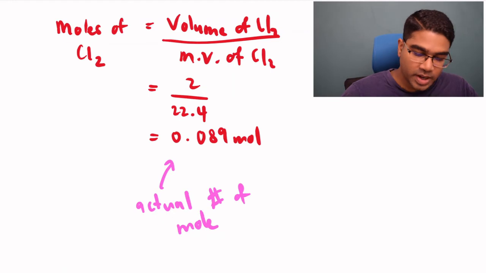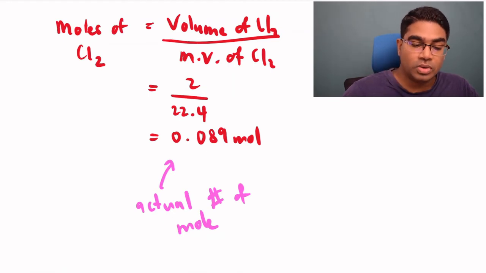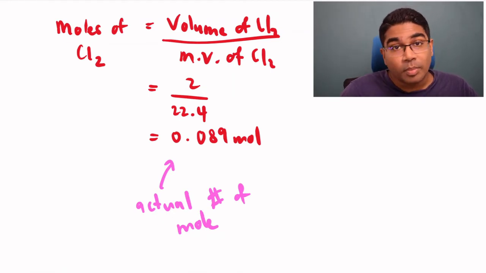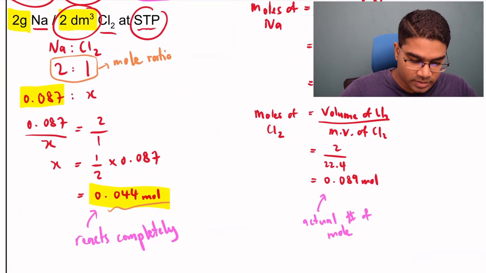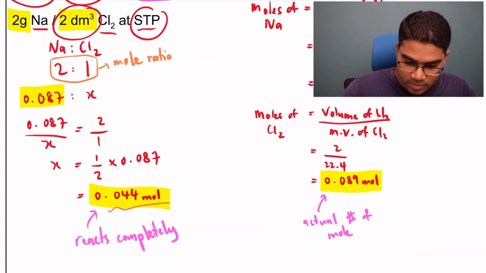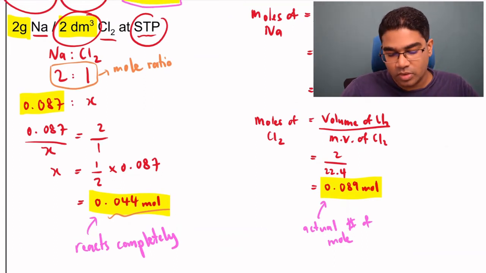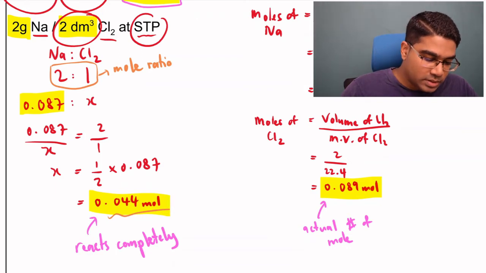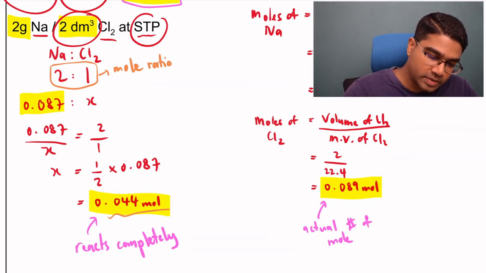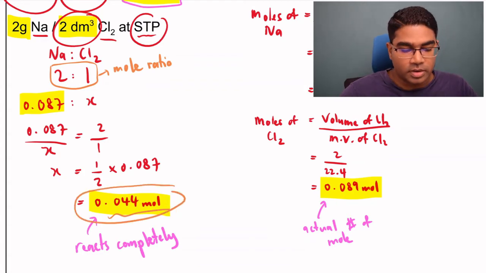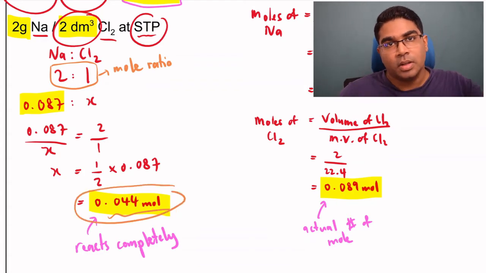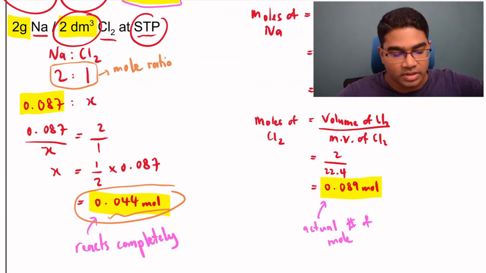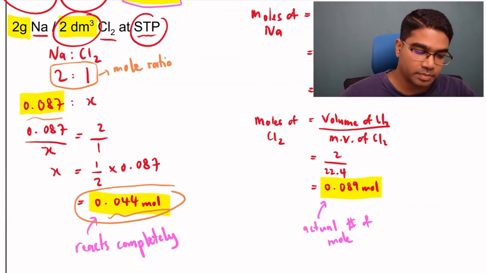So now we need to compare this with the number of moles of chlorine that would react completely with the amount of sodium present. So this is the actual number of moles of chlorine present, 0.089. However, only 0.044 moles, as we calculated earlier, of chlorine is going to react completely with all the sodium that's present, that is 0.087 moles of sodium.